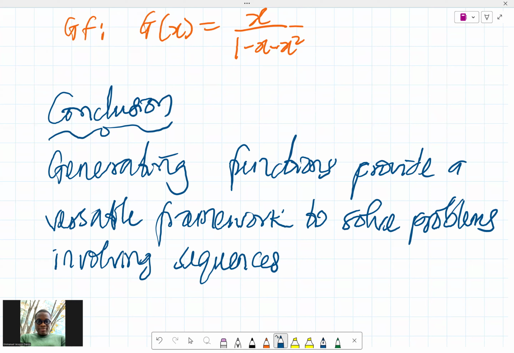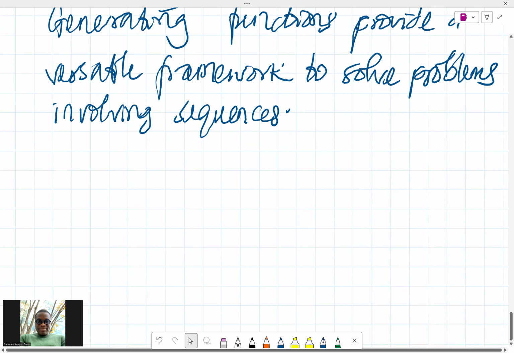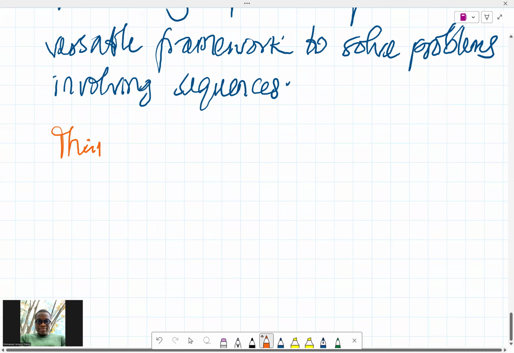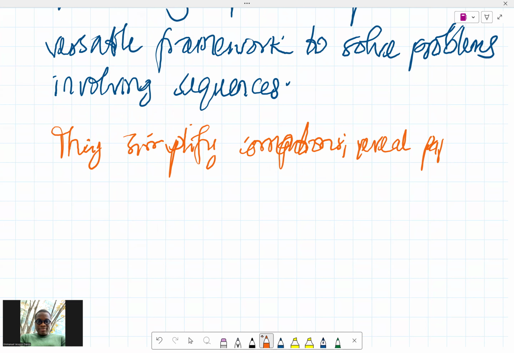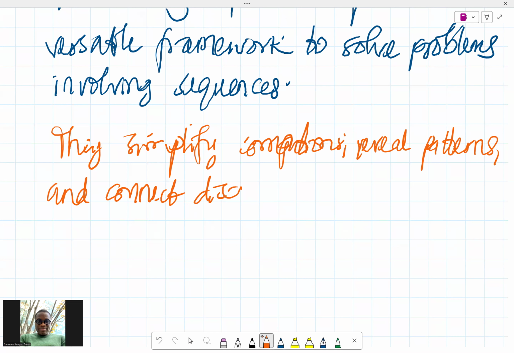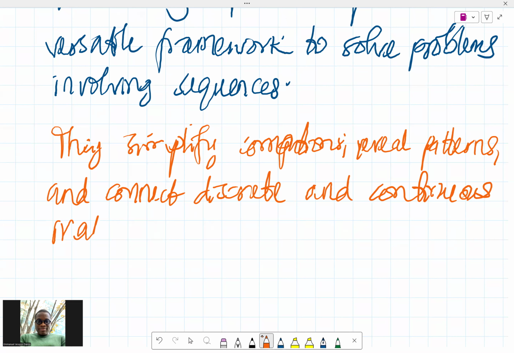They simplify computations. They reveal patterns. And they connect discrete and continuous mathematical realms.